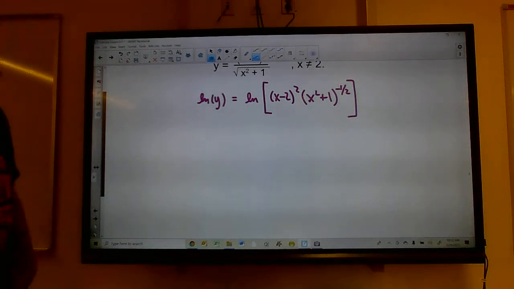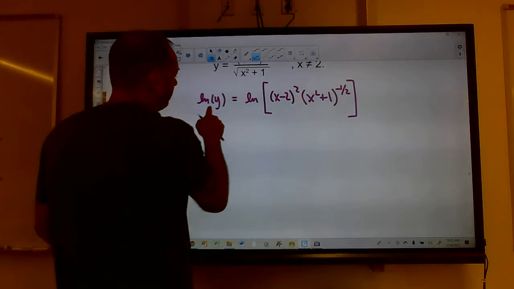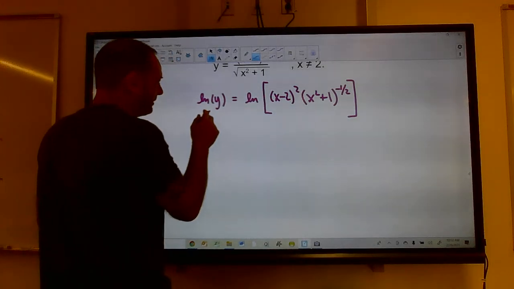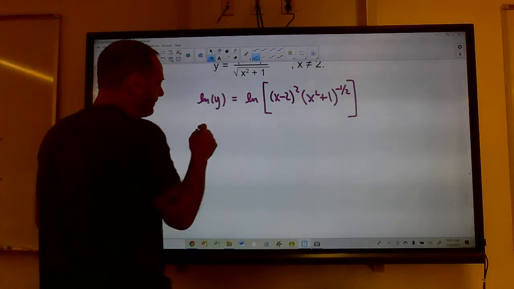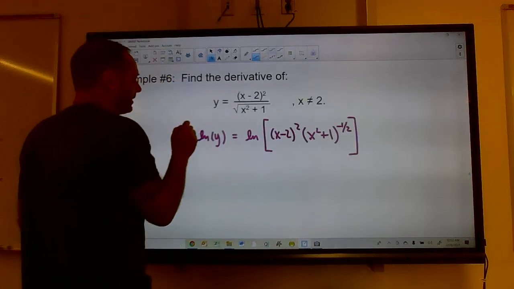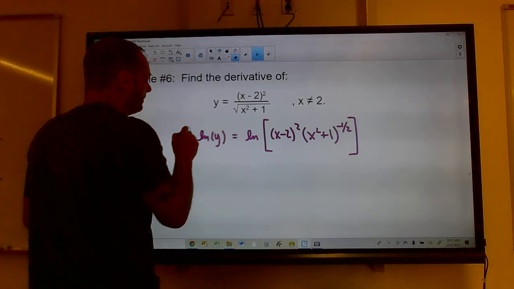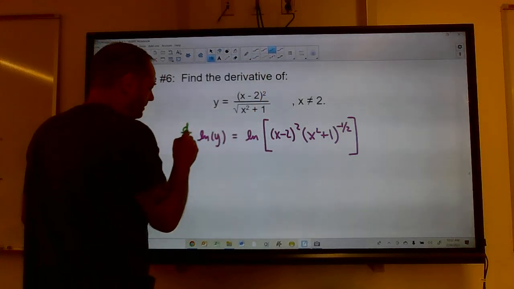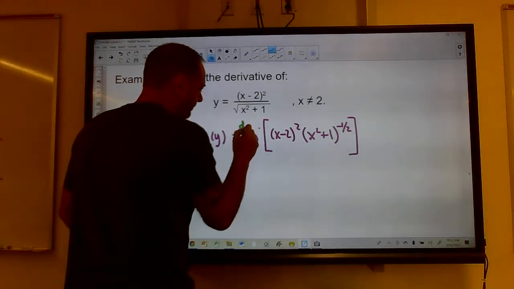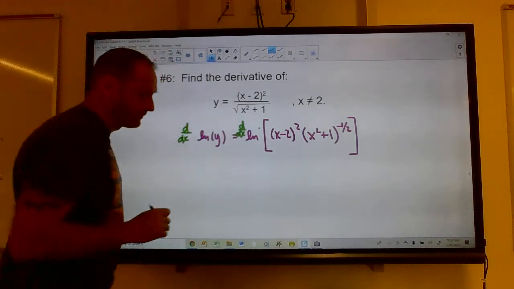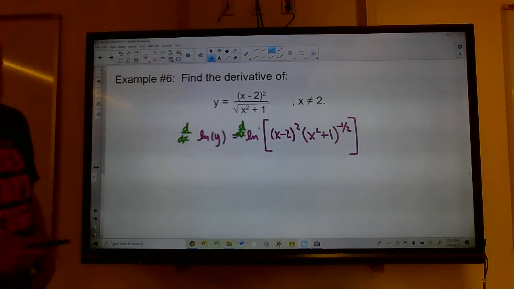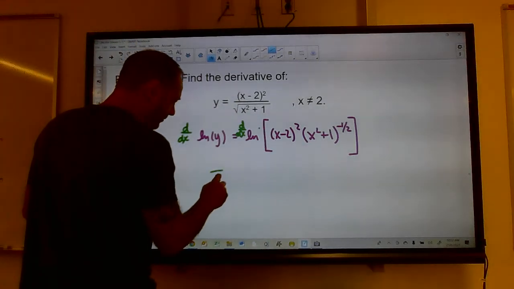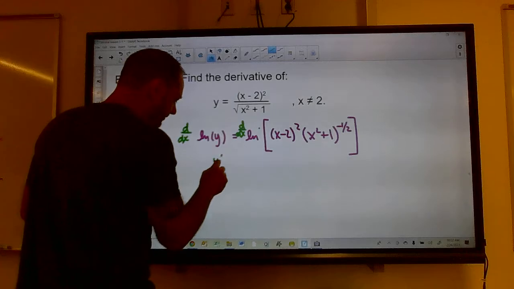All right. Now, since this is not in terms of x, we're going to write this as, when we differentiate this, so what we're going to do is we're going to take the derivative of both sides of this. Okay? Now, this side here is going to be 1 over y times the derivative of y.